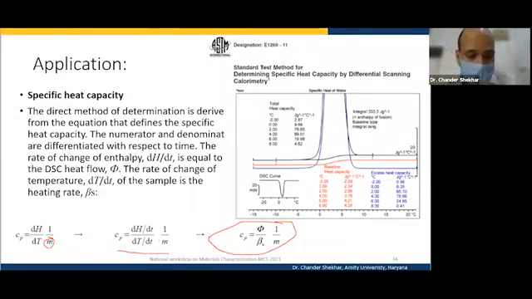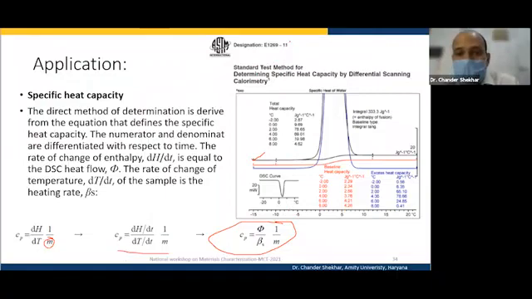But in this case, there are basically the empty pan, the reference and the sample. There are three curves that are required, and they are specifically used as given in this.